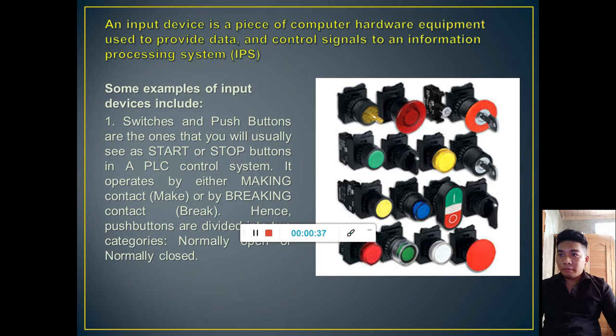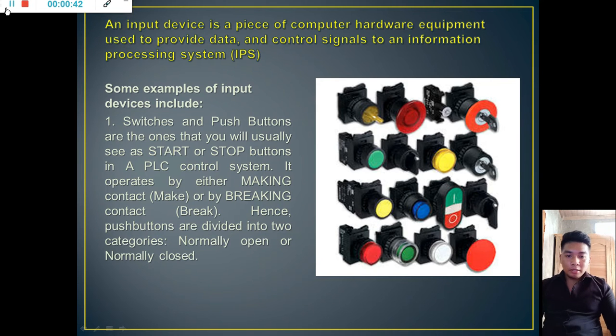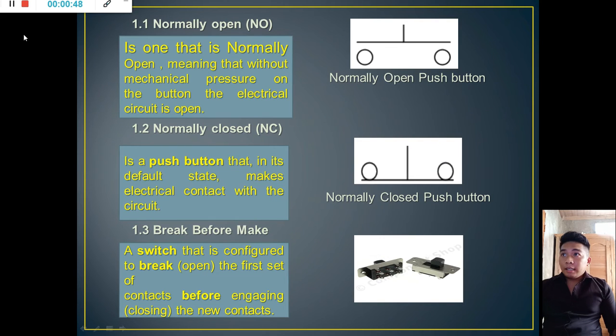Hence, push buttons are divided into two categories, which are the normally open and the normally closed. Normally open is the one that is normally open, meaning without mechanical pressure on the button, the electrical circuit is open, so there is no connection.